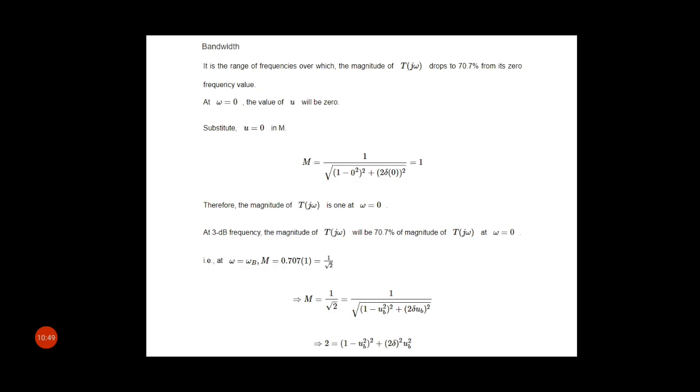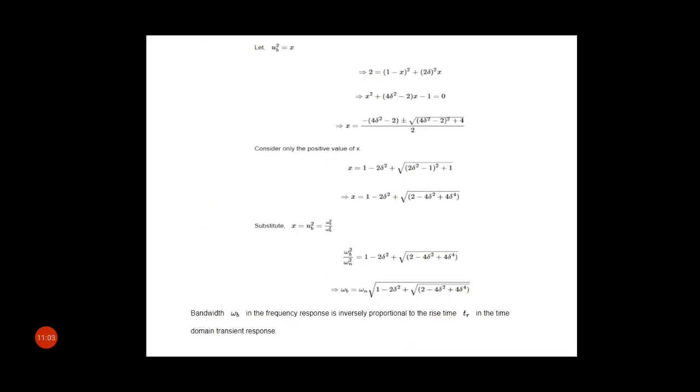Here we put u_b square equal to x. Then our equation will be 2 equal to (1 minus x) whole square plus (2 zeta) whole square into x.